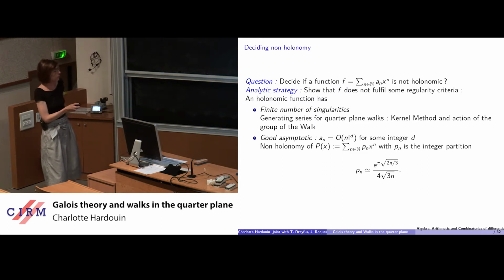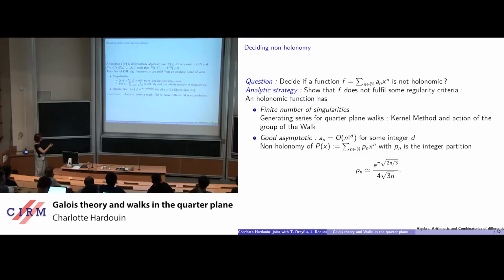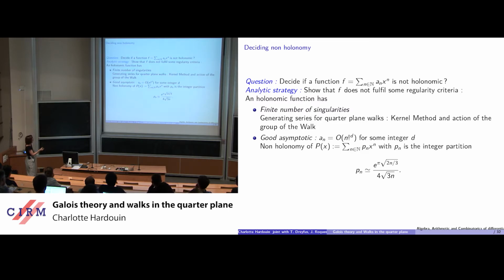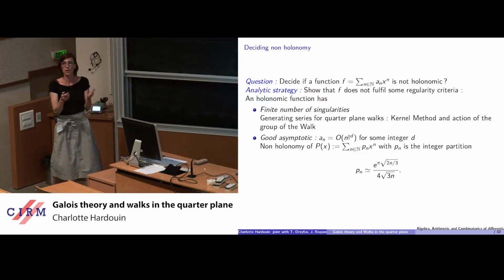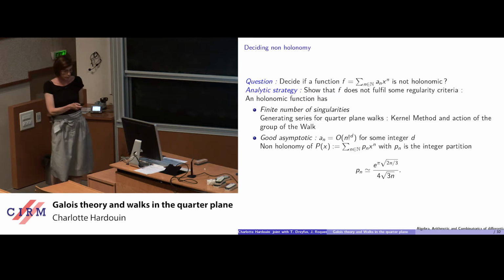So for instance, a holonomic function has this kind of asymptotic. And you can show that the generating series for integer partitions has bad asymptotic, so it's not a holonomic function.